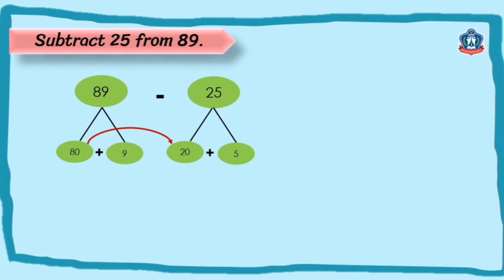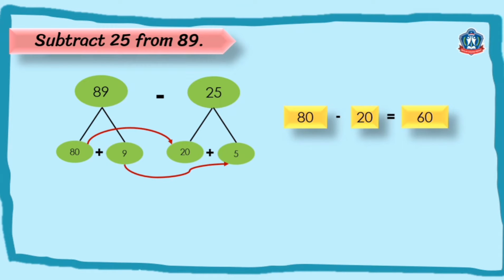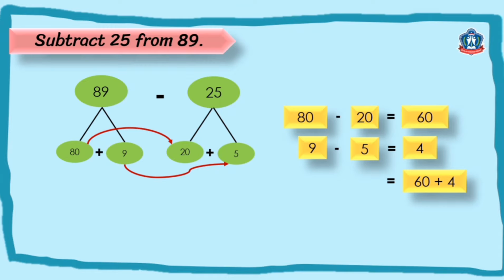It's easier, right? 80 minus 20 equals 60. Then 9 minus 5 will give us 4. After that, you will add 60 and 4. So 60 plus 4 is 64. So 89 minus 25 equals 64.